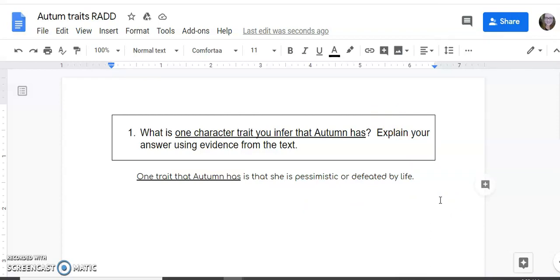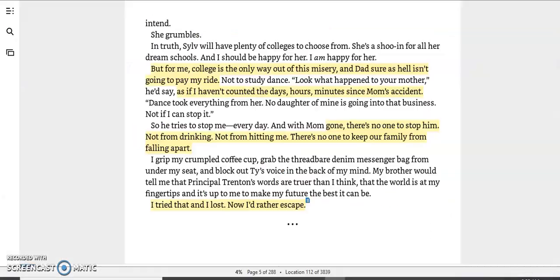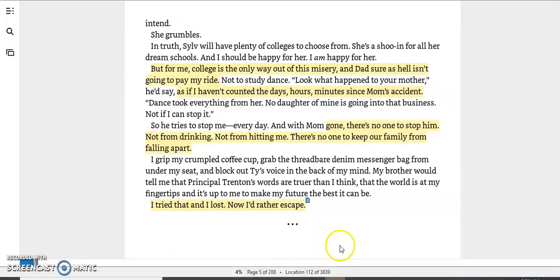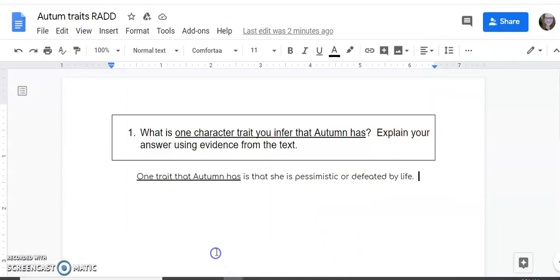All right, now which detail to use? Let's see. Okay. I've got plenty of evidence here to help me, but I'm definitely going to choose this first one, but for me, college is the only way. I'm going to choose this because I feel like it is very defeatist. I think it's one of my better choices.